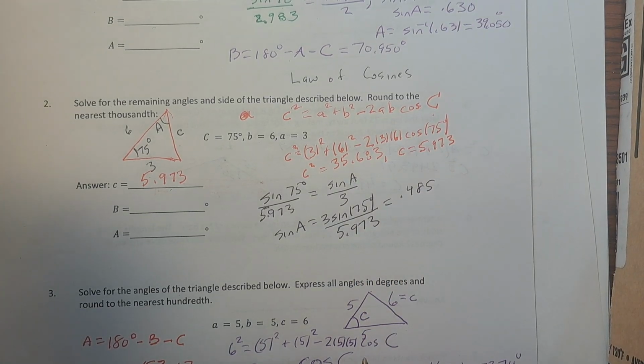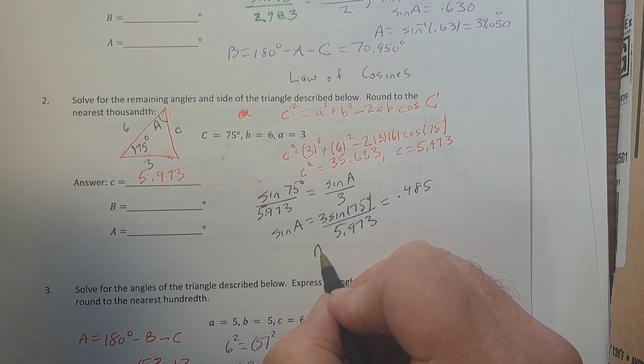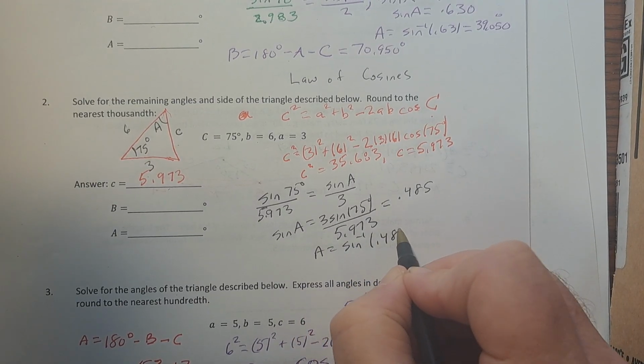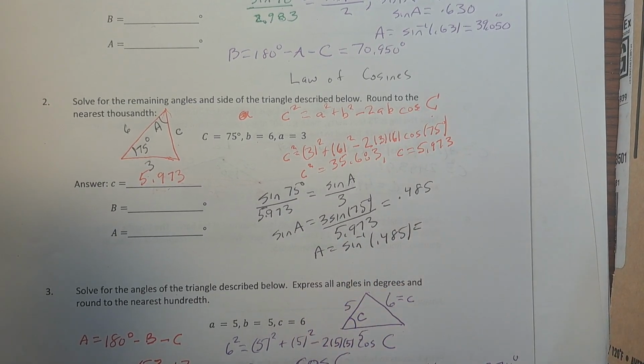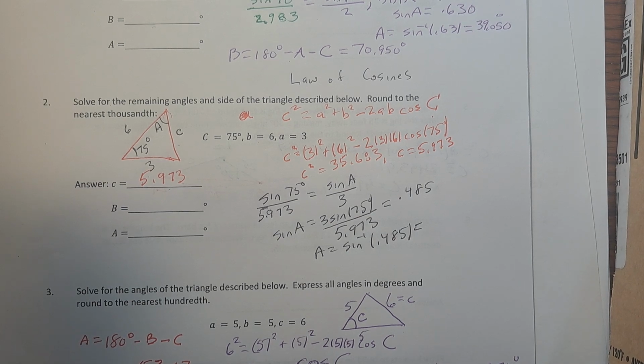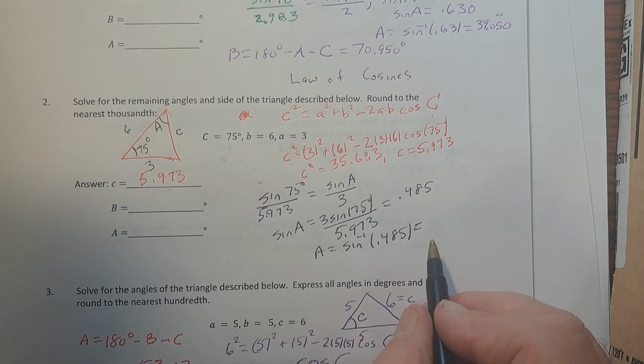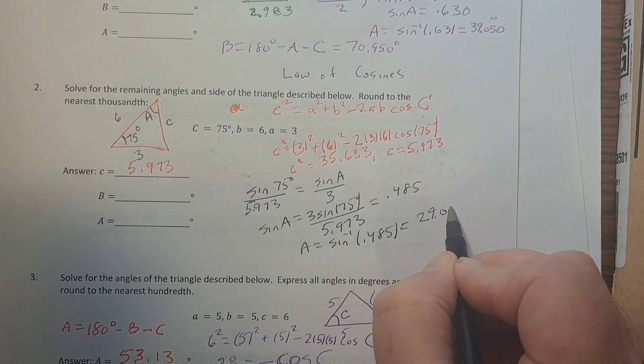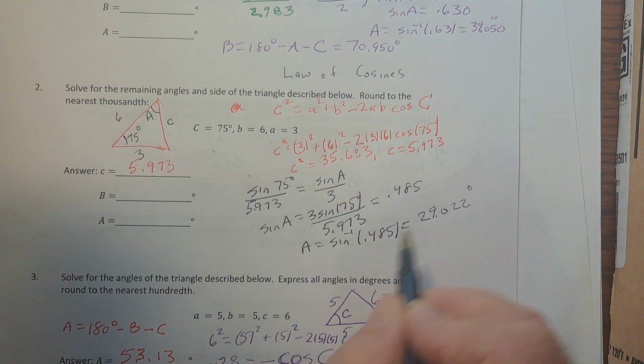So that would make angle A the inverse sine of 0.485. And on the calculator, that's 29.022. That'd be degrees.